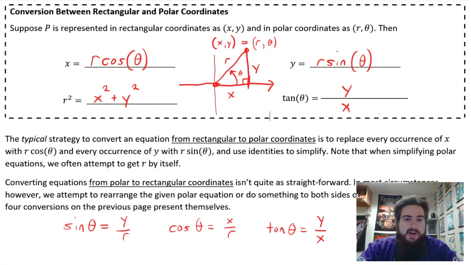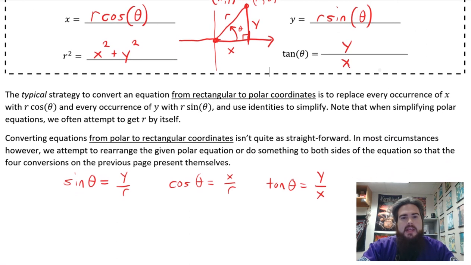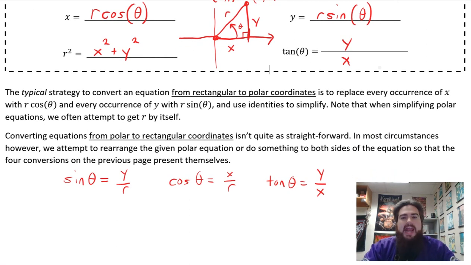Overall, the typical strategy when trying to convert an equation from rectangular to polar is to replace every occurrence of x with r times cosine of theta and every occurrence of y with r times sine of theta, and to use identities to simplify as necessary. When converting equations from polar to rectangular, however, that isn't as straightforward, and in most circumstances, we attempt to rearrange the given polar equation by doing something to both sides, so that the four conversions here can present themselves.